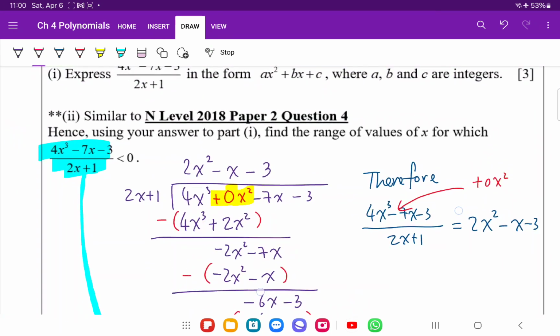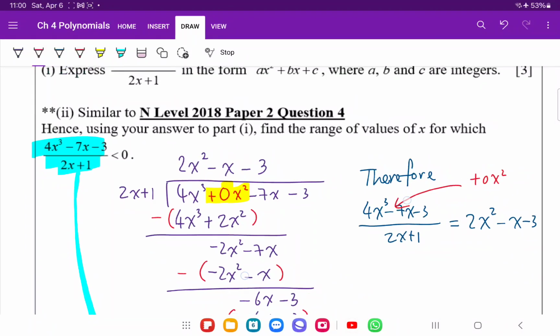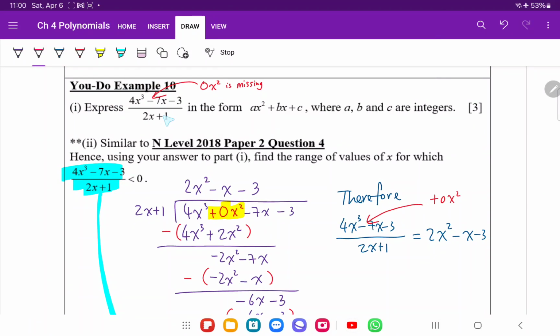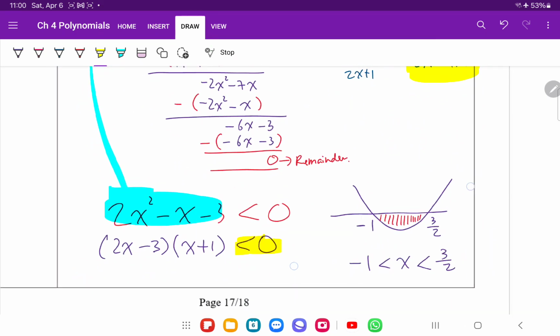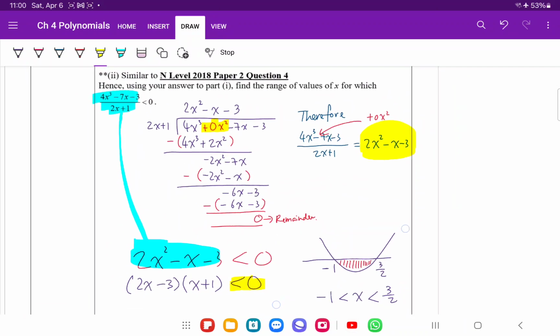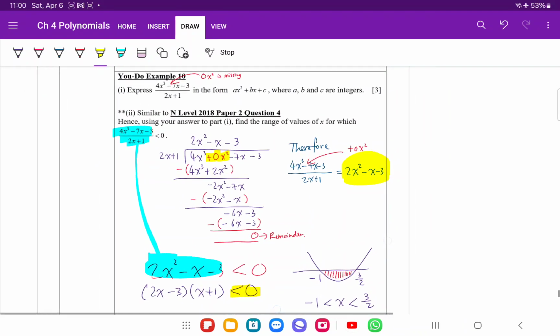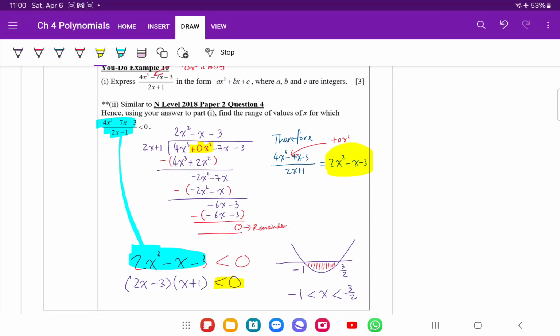Okay, part 2. Using your answer, the long division actually gave us a result. The result is the quotient. So the quotient now is less than 0. Did you actually recall that you are supposed to solve a quadratic inequality? And your answer is like that.